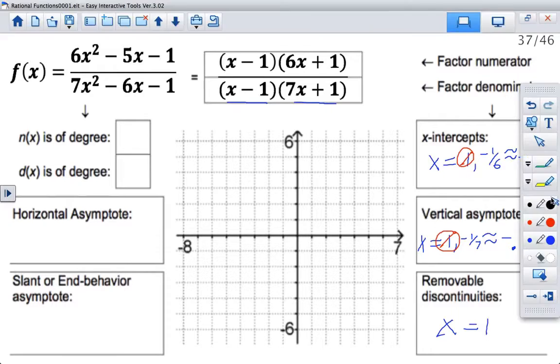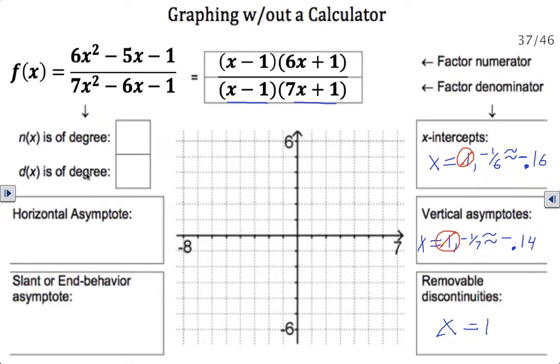All right. And then let's go to the left side of the graph. So now our numerator's degree is 2 because of our exponent here, and our denominator's degree is 2 because of this exponent. And the relationship there is the numerator's degree is equal to the denominator's degree. Whenever you have that situation, you have to take your leading coefficients. So 6 divided by 7.